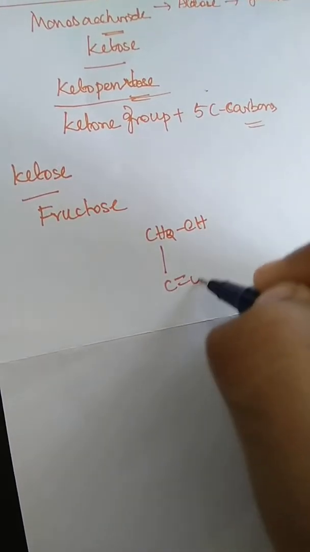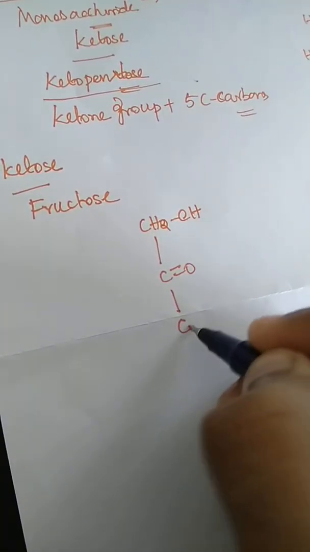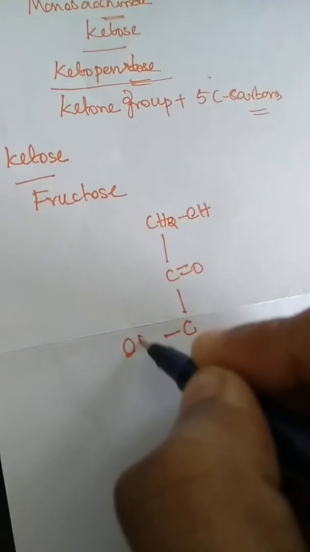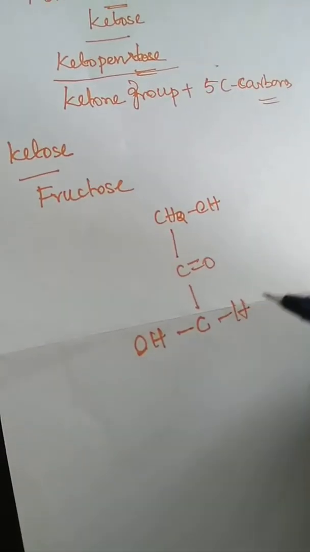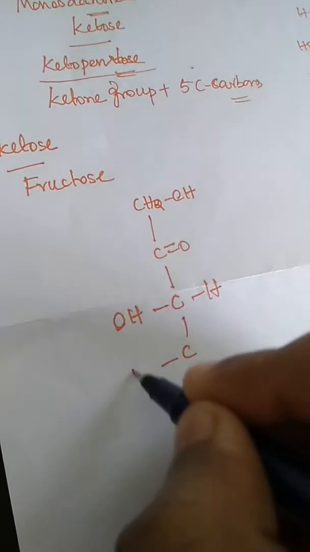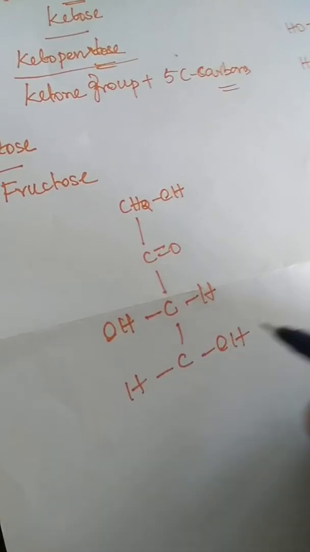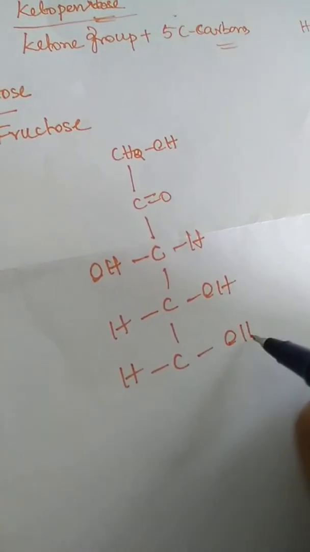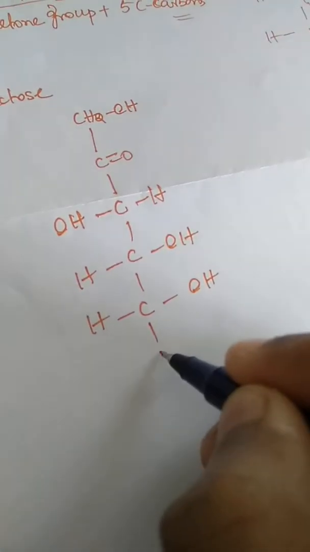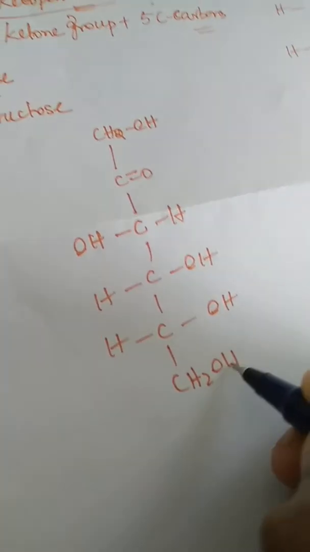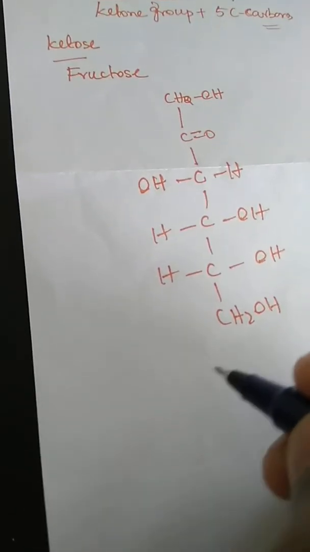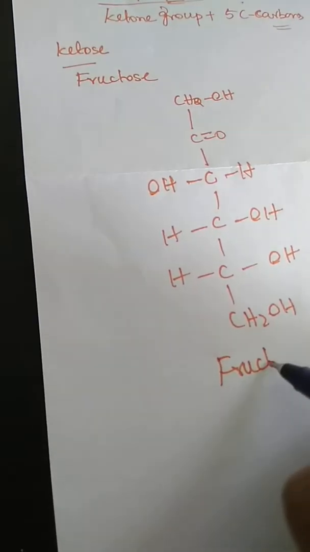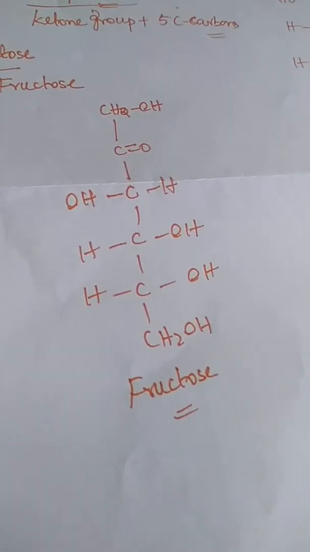CH2OH, double bond O, C connected to OH, H, C, H, OH, C, H, OH, and finally CH2OH. So this is the structure of fructose. This is a ketose sugar.